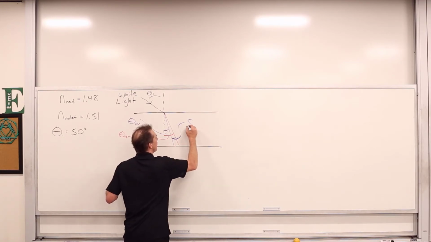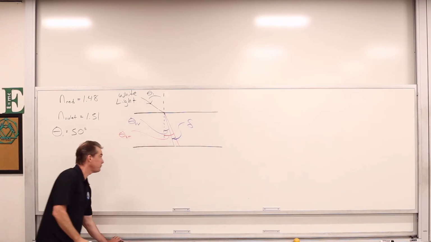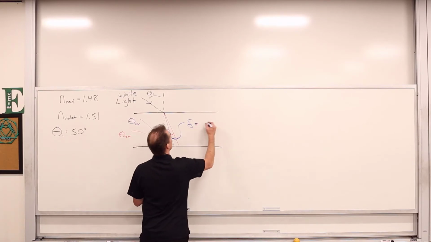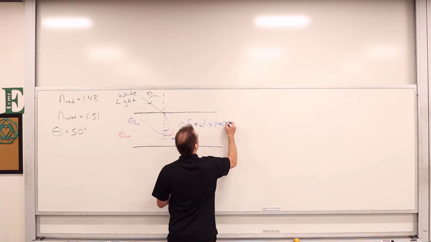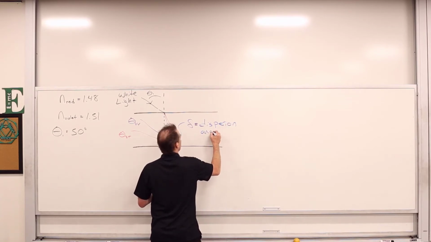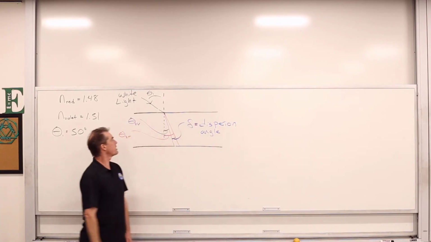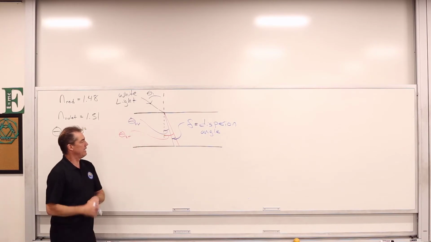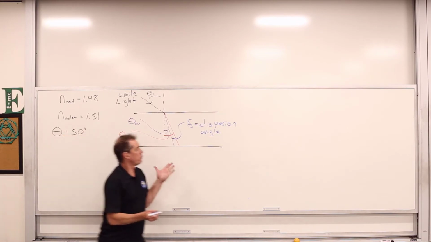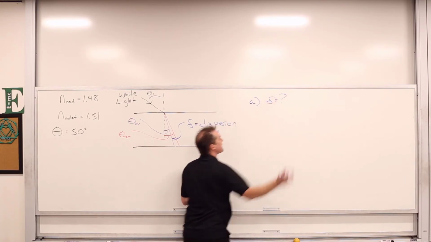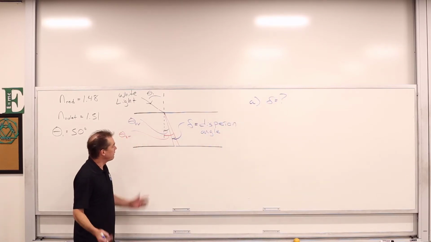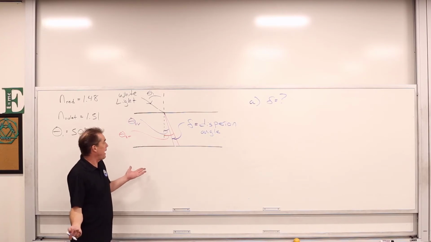So we got this right here, generally called delta, equals dispersion angle. Again, the angular separation between the red end and the violet end. So that's what we want to figure out. Part A, delta is equal to what? So how are we going to find that? Well, we just use some refraction, right?